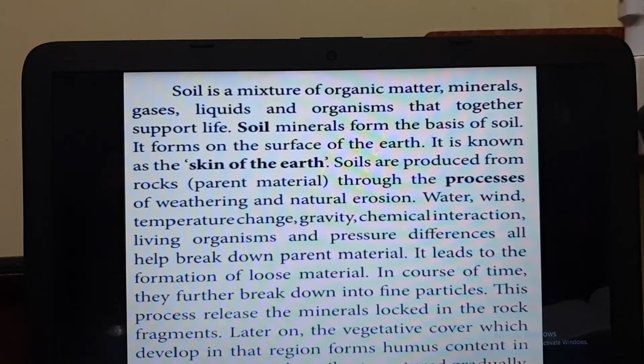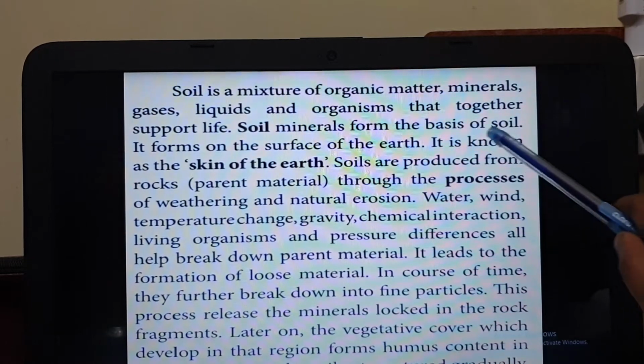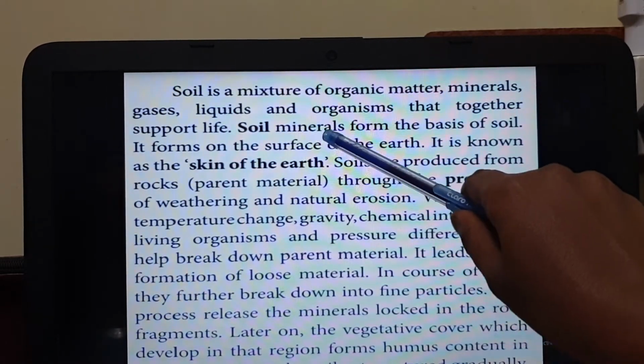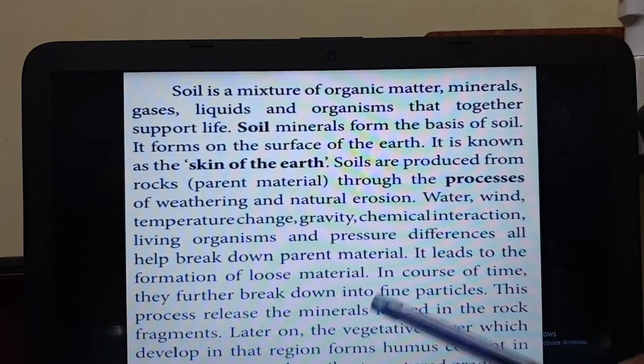This soil gives life through gas, liquid, minerals and organic matter to the plant to grow as a tree. Soil minerals form the basis of soil. The basis of soil is nothing but minerals.